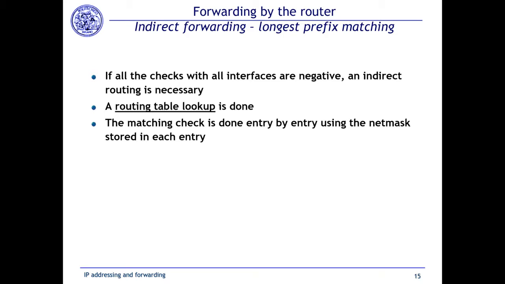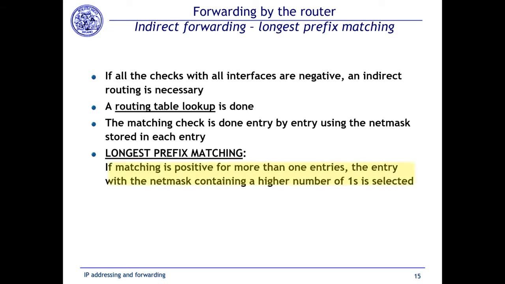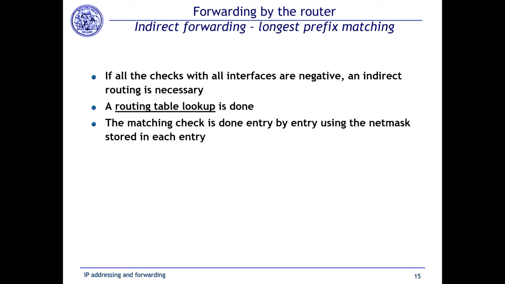So then the router performs a lookup into the routing table, and again we have to match the routing table. We have to check matching of the received packet with the routing table entries, entry by entry, and we have to find all the possible matchings.